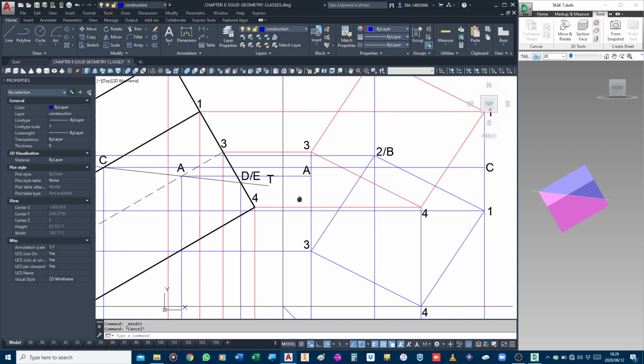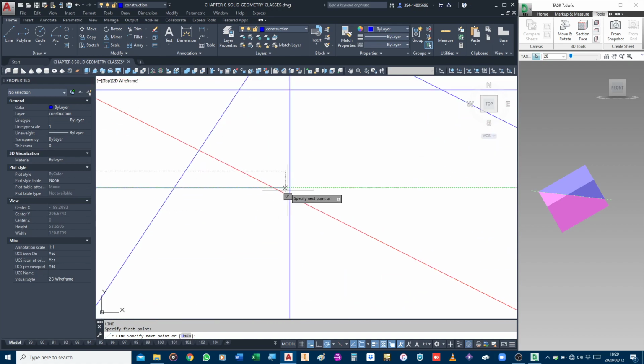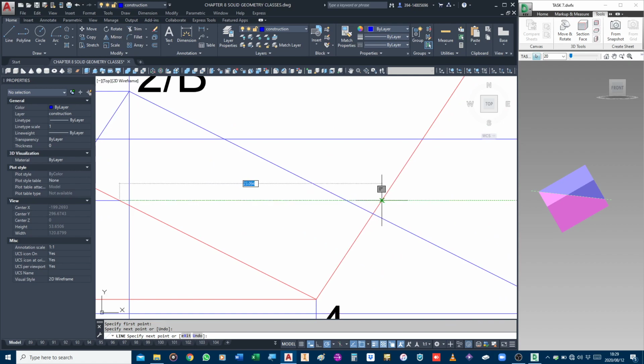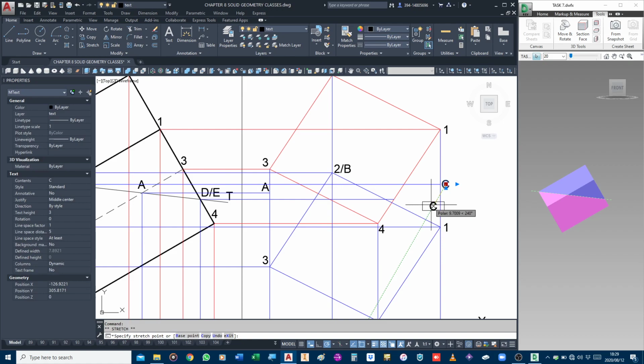Then the last 2 points, remember, D and E, it's cutting through the base, which means it creates 2 points on the base. There's the 1 point, there's the other point, and again, I need to label them.